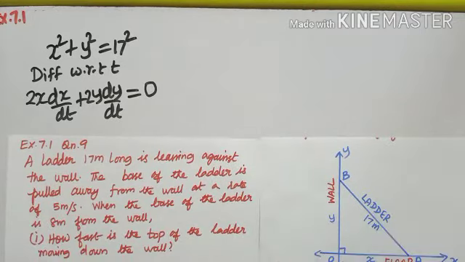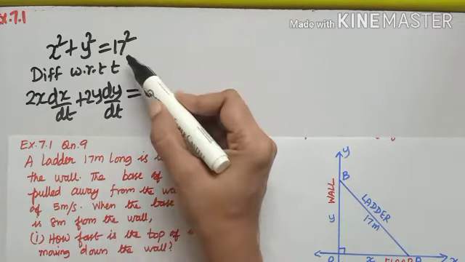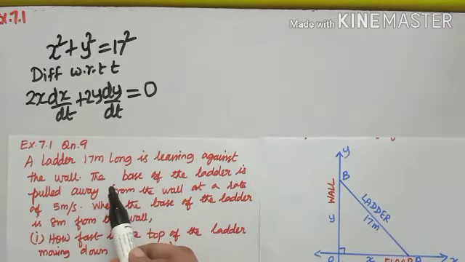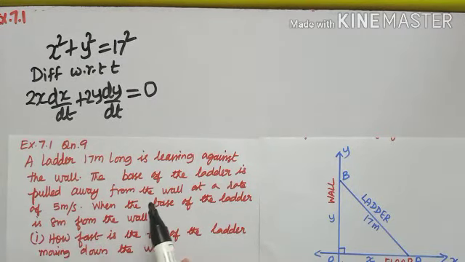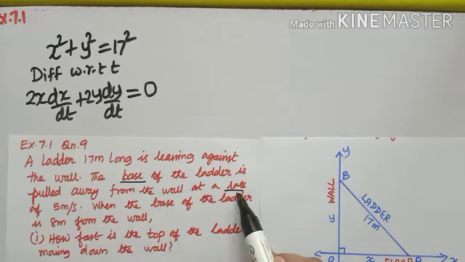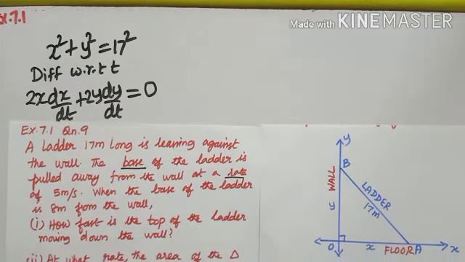From the question, see what is all given. Ladder length 17 meter, we have fixed. Base of the ladder is pulled away from the wall at a rate. So the base is changing. Rate of base, base we have taken x.